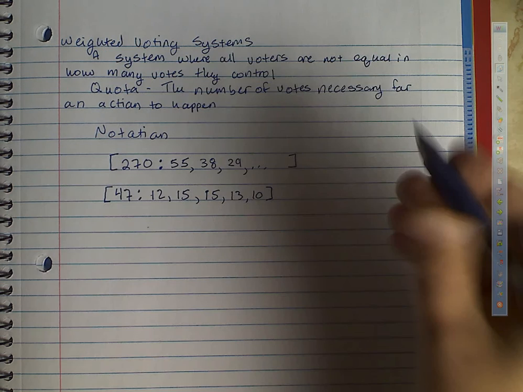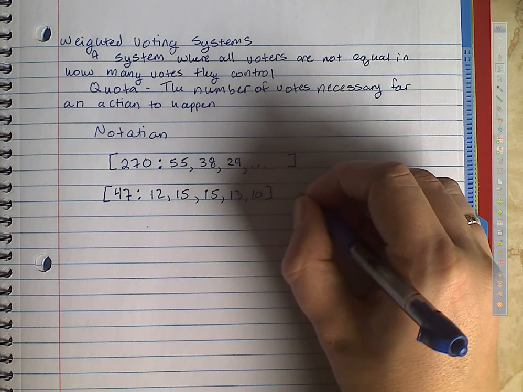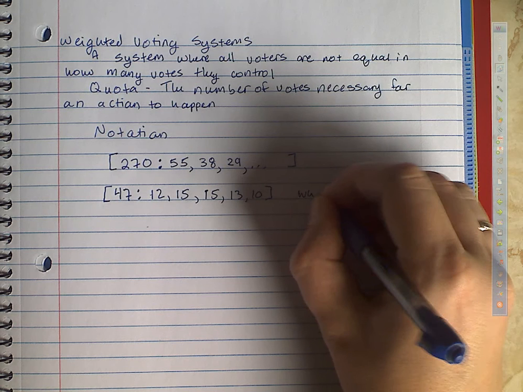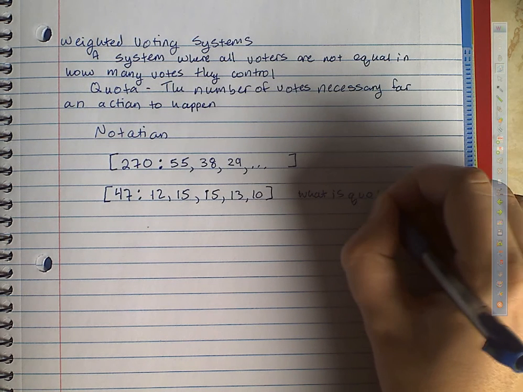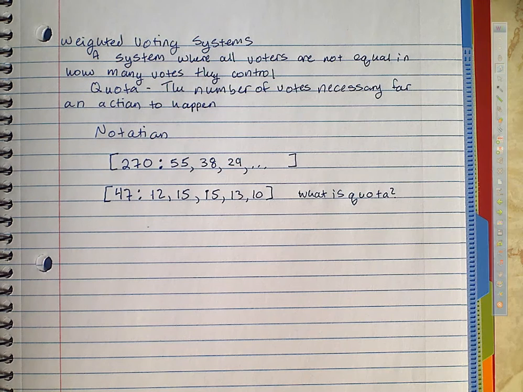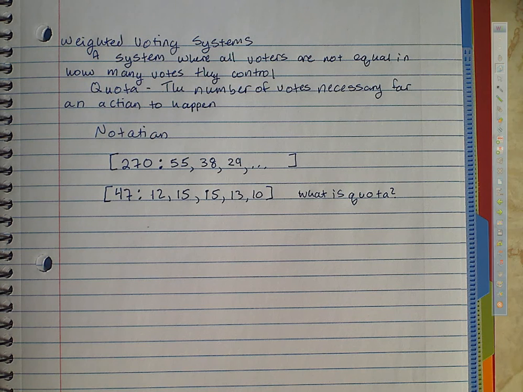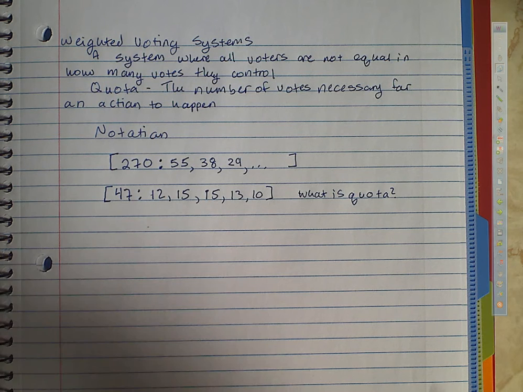So let's first ask, what is quota? Robbie, what is the quota? Okay, quota is the number of votes necessary for an action to happen. Yeah, 47. Okay, so quota's 47.